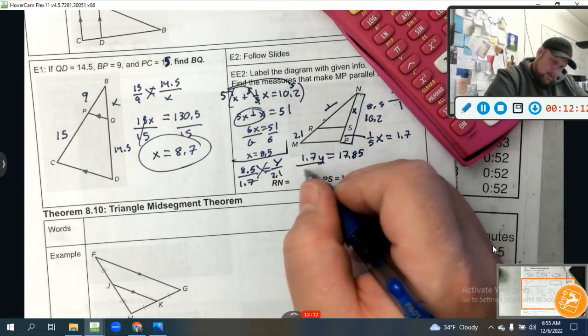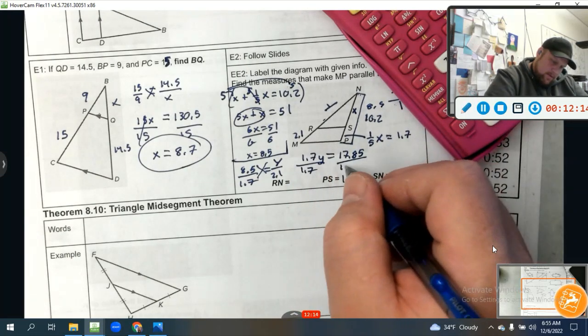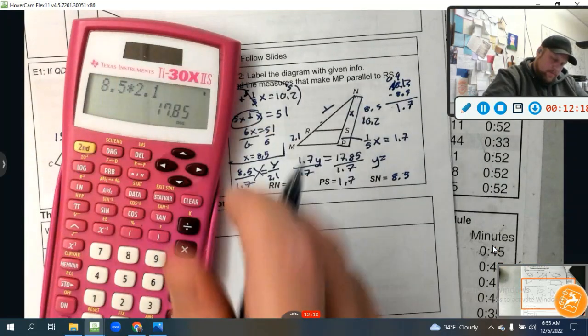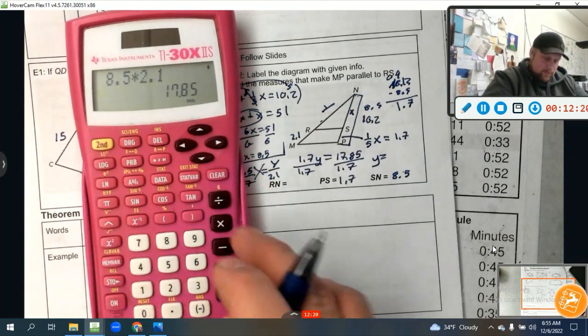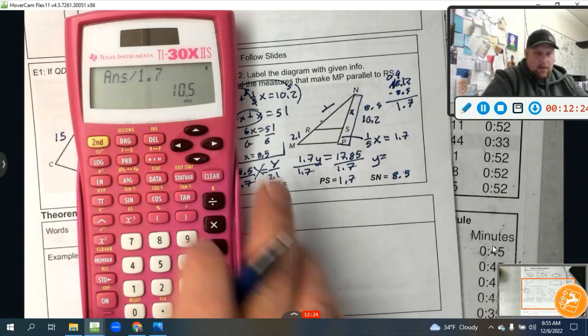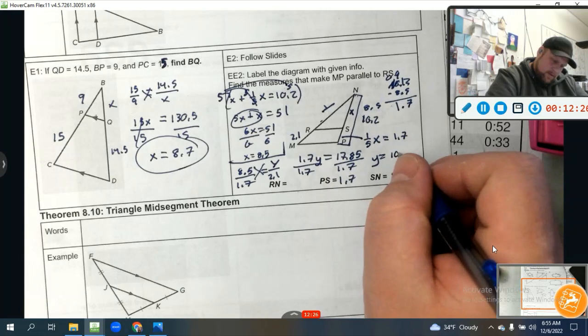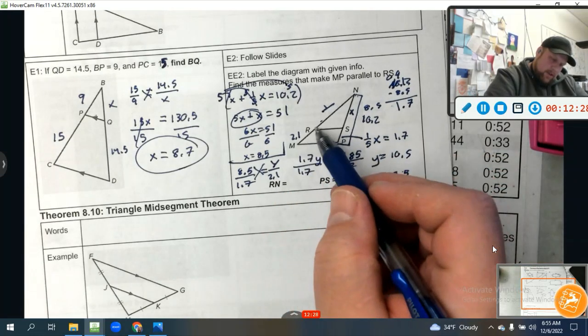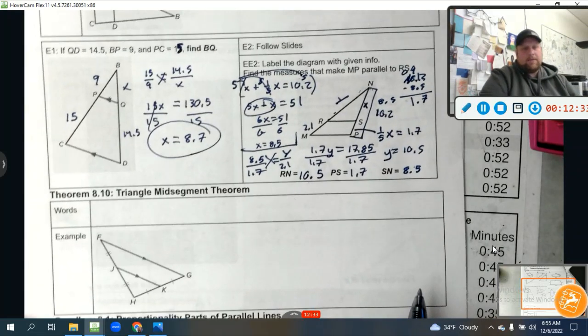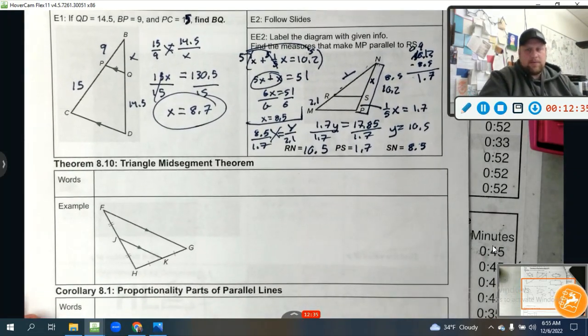Divide both sides by 1.7. Look at that, y equals 10.5. And don't forget that y is that RN, 10.5. Boom, it's a good problem, man. Okay, we got some theorems to burn through. Let's go do it.